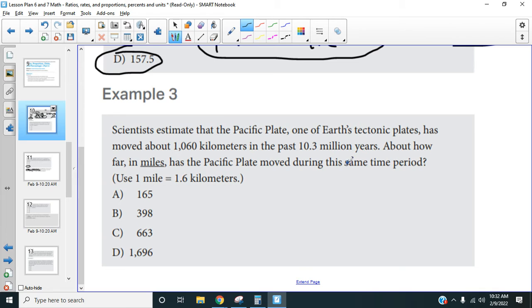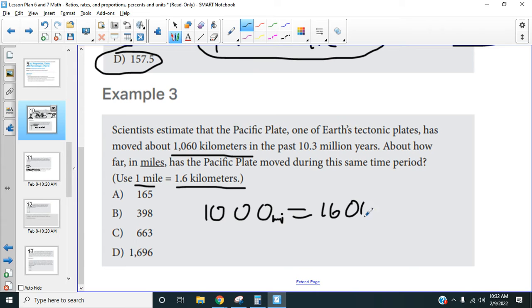Here's how I did it. 1 mile is 1.6 kilometers, and it's asking me about 1,000 kilometers, right? So I know this. If I turn this into 1,000 miles, then this would be 1,600 kilometers, right, people? Okay.